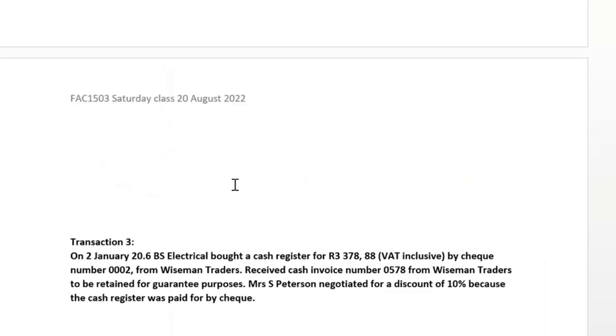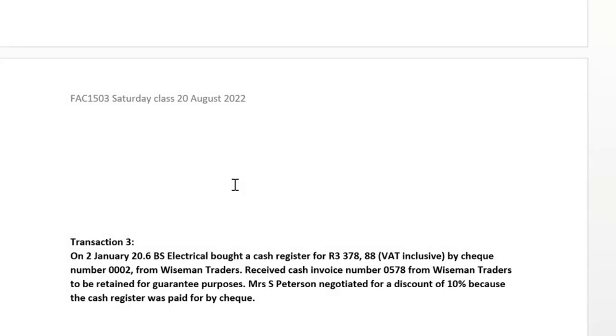Transaction number 3, on the 2nd of January, BS Electrical bought a cash register for 3,378 by check number 0002 from Wiseman Traders. Received a cash invoice number 0578 from Wiseman Traders to be retained for guarantee purposes.